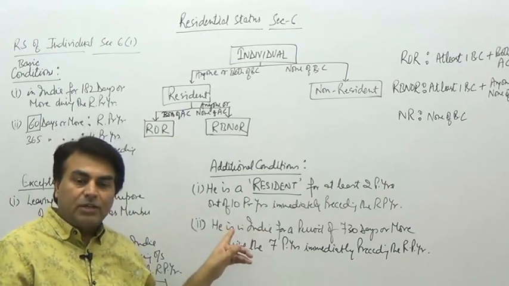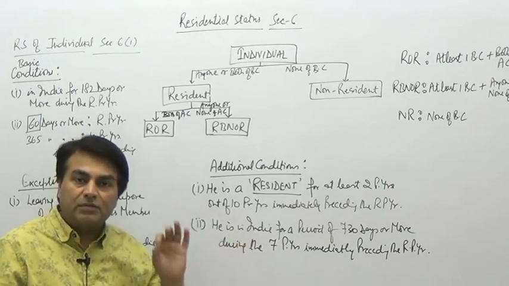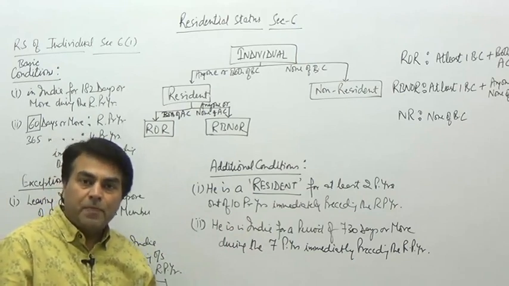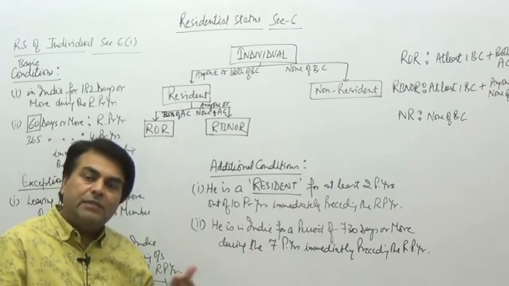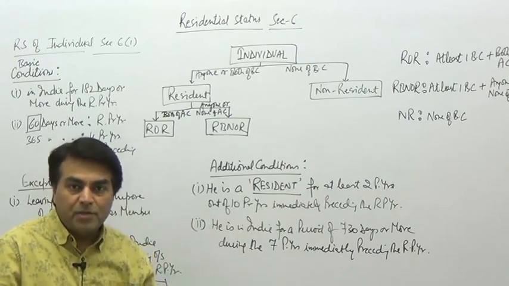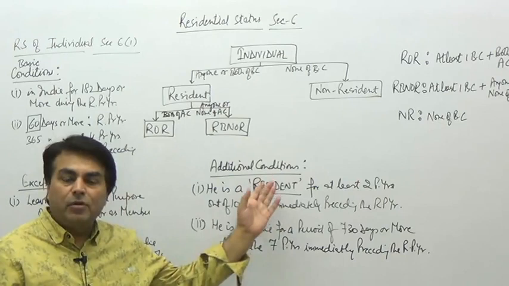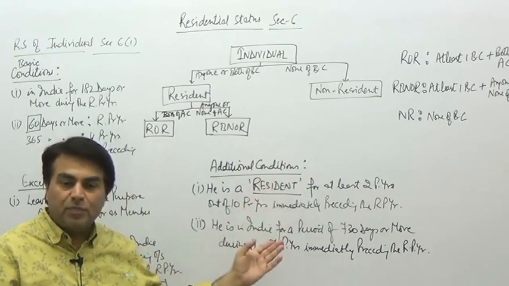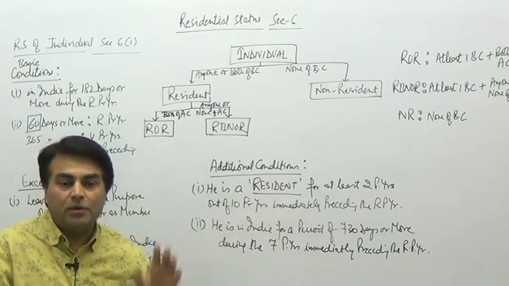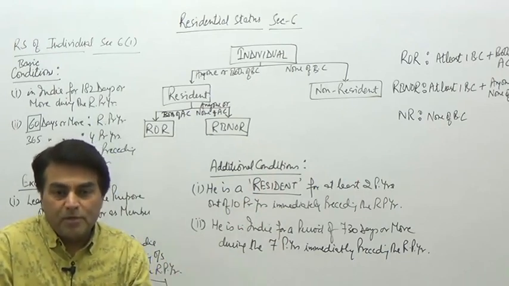And second, he is in India for 730 days or more in 7 previous years immediately preceding the relevant previous year. So if any individual fulfills both of these additional conditions, he would become ROR, otherwise he would become RBNOR.